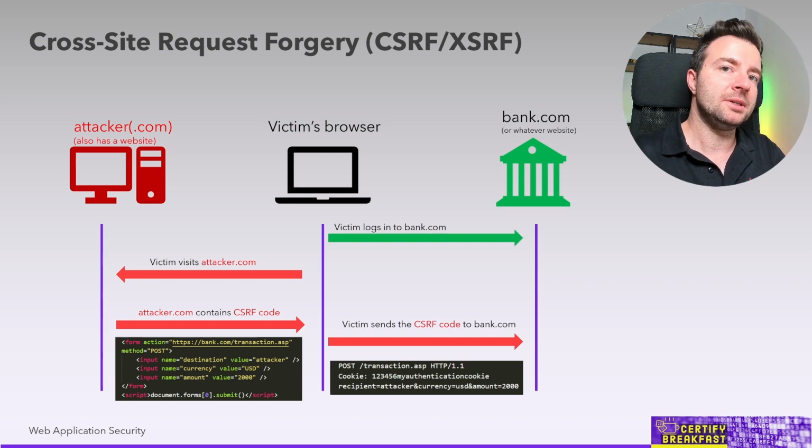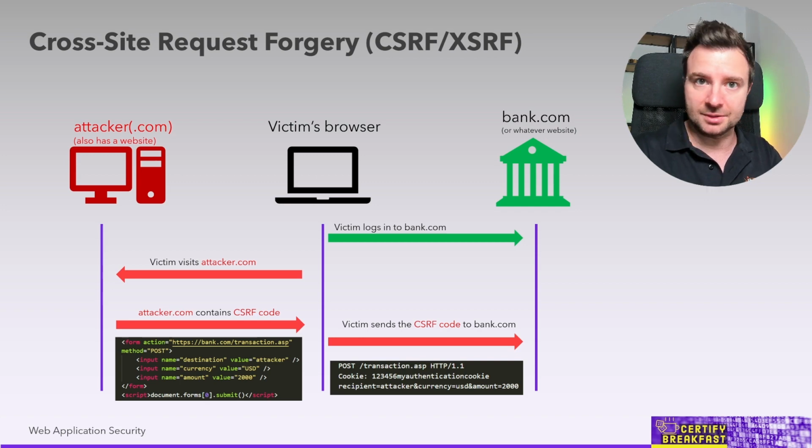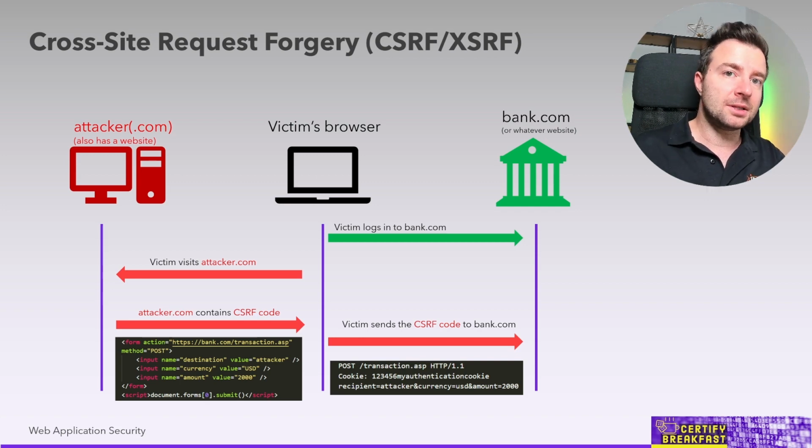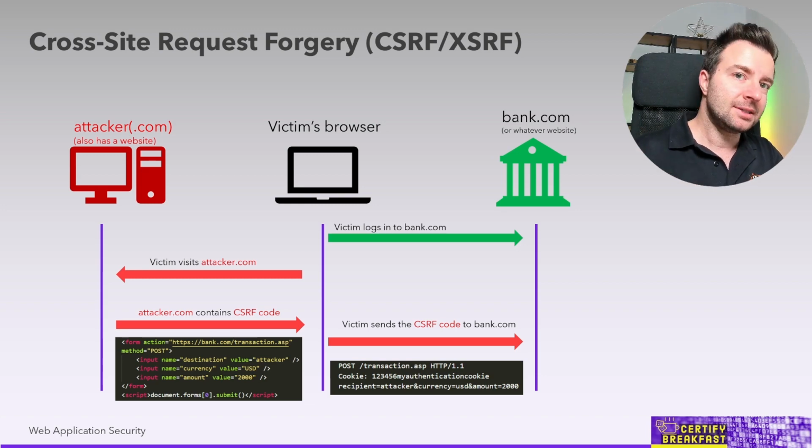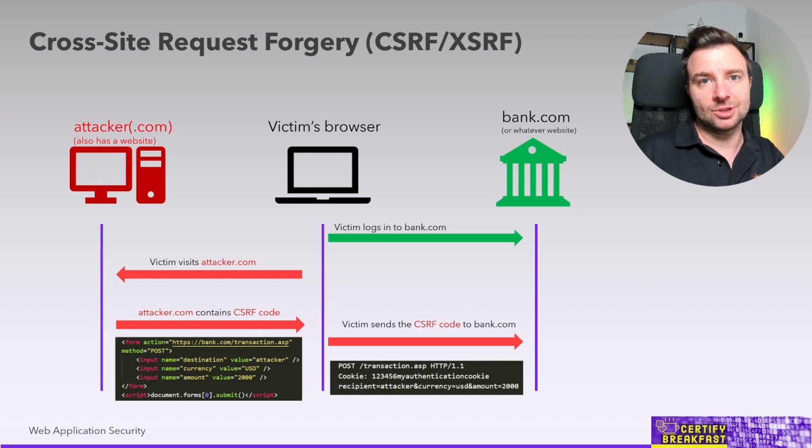So what happens here is that the banking website sees a request coming in from a valid browser, from a valid, authenticated user, except that the user has no idea that they performed an additional action in the background, that they just sent a request to the bank, because that request was embedded in the malicious web page that they just visited.